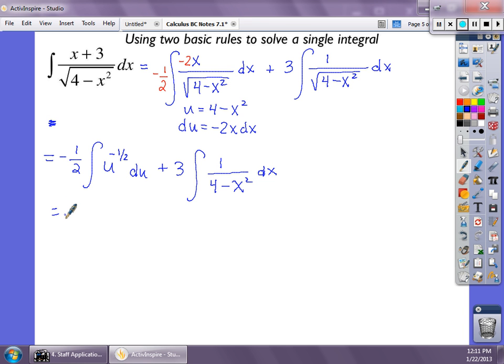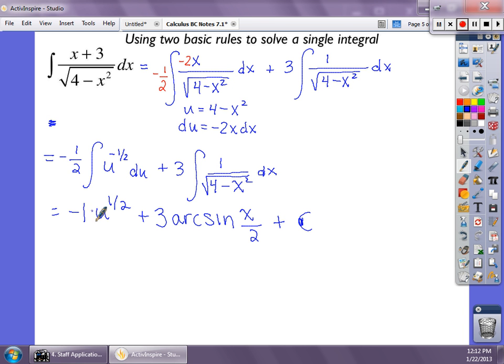Okay, here we're going to add 1. Negative 1/2 plus 1 is 1/2, and divide. Dividing this by half is the same as multiplying by 2. So we're going to have negative 1 u to the positive 1/2 plus 3 times this again, there's my square root, the arc sine of x over, in this case, 2, because this is 2 squared, and then we have plus c.